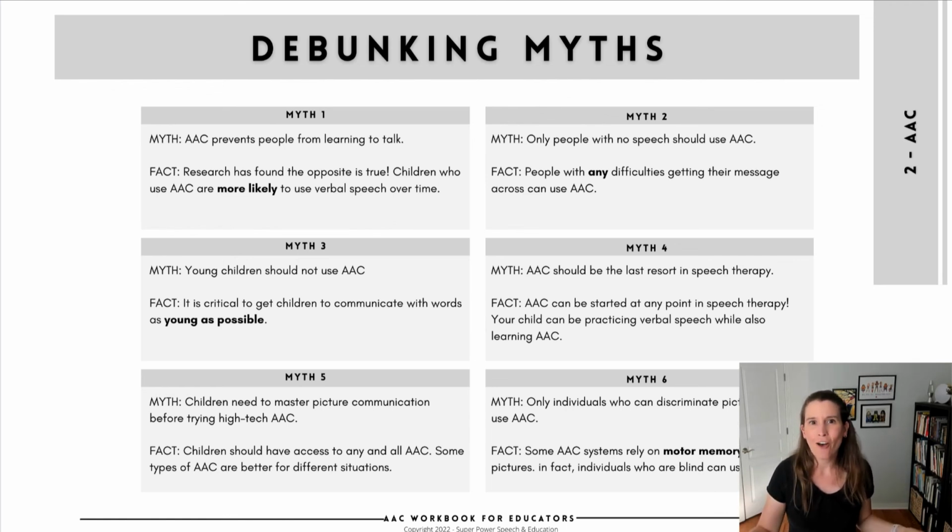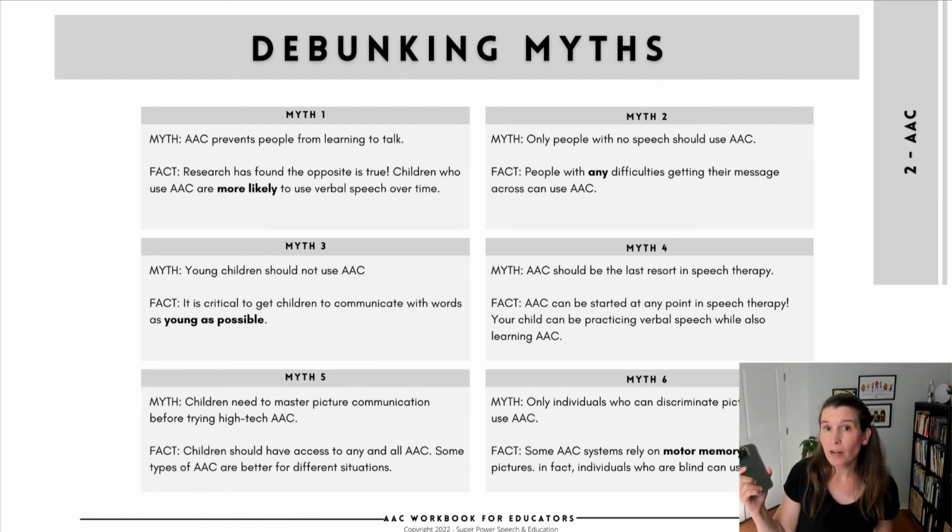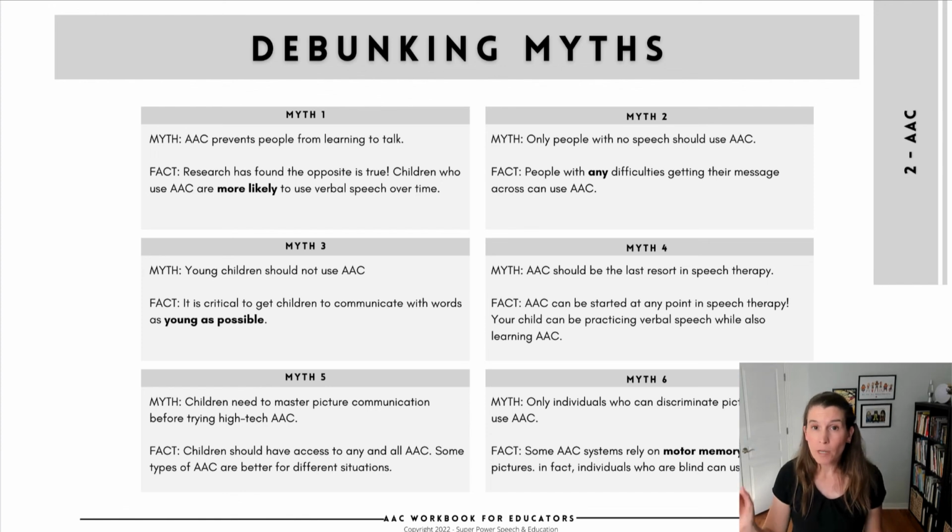So much of AAC, for at least robust communication systems, is the placement and the motor memory. Kids learn very quickly that if I want this particular thing, I'm going to touch in the lower right corner. The same way that you probably have learned on your phone that if you want to get to a certain app, you don't even have to look, right? You go swipe, swipe, press.